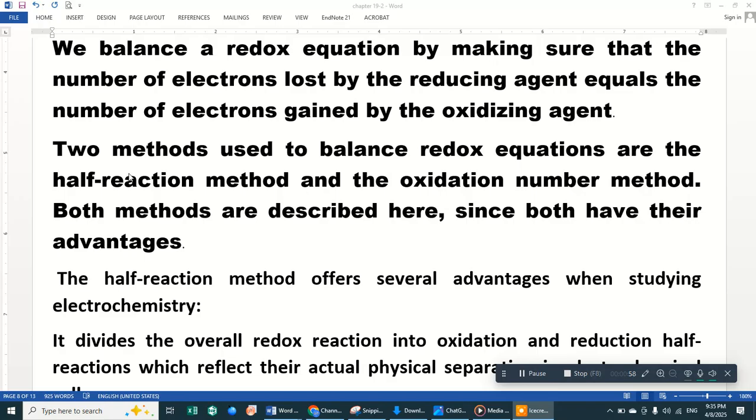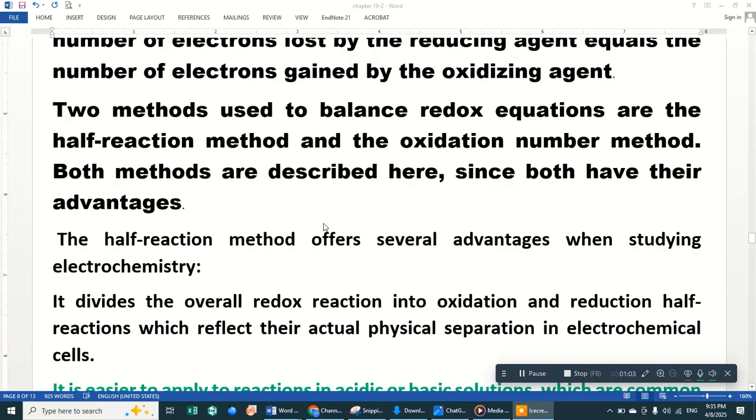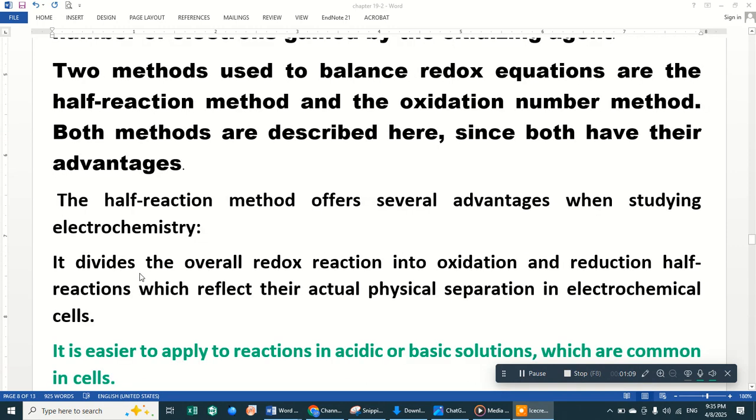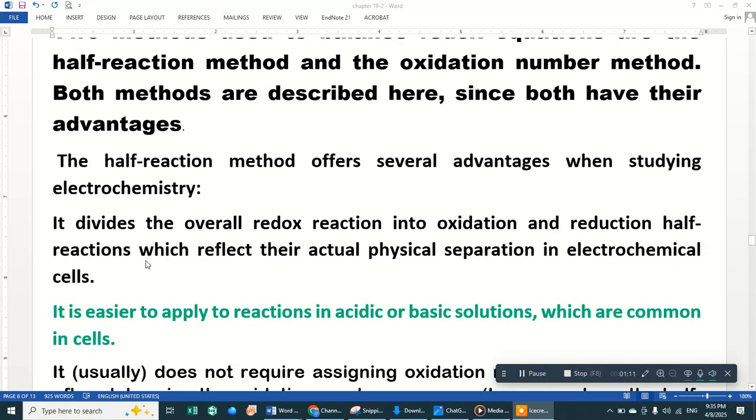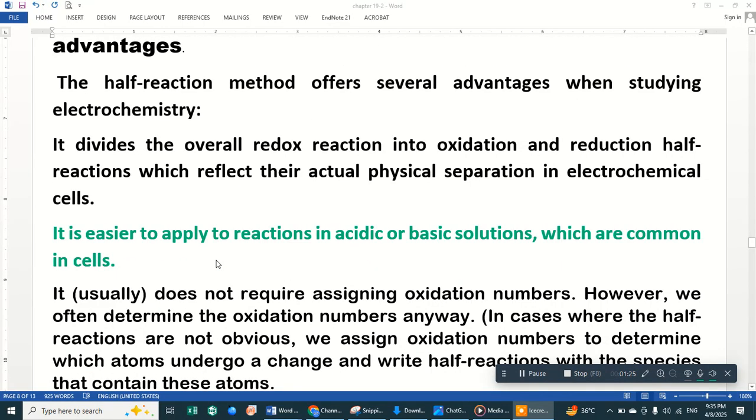The main advantage of the half reaction method over the oxidation number method is that it offers several advantages when studying electrochemistry. It divides the overall redox reaction into oxidation and reduction half reactions, which reflect their actual physical separation in electrochemical cells. In other words, the half reaction method is very helpful to understand the electrochemical cell process.